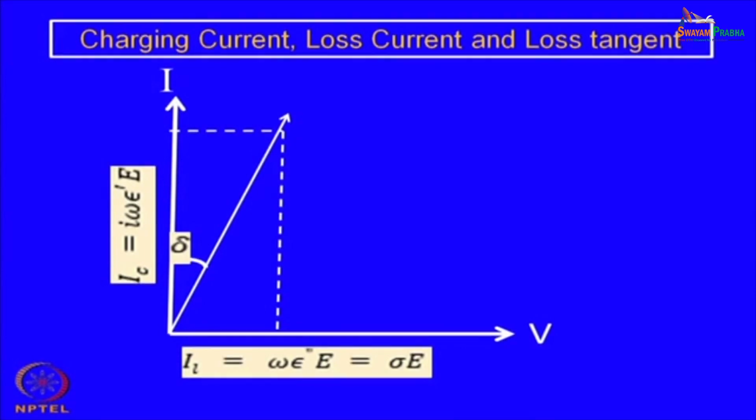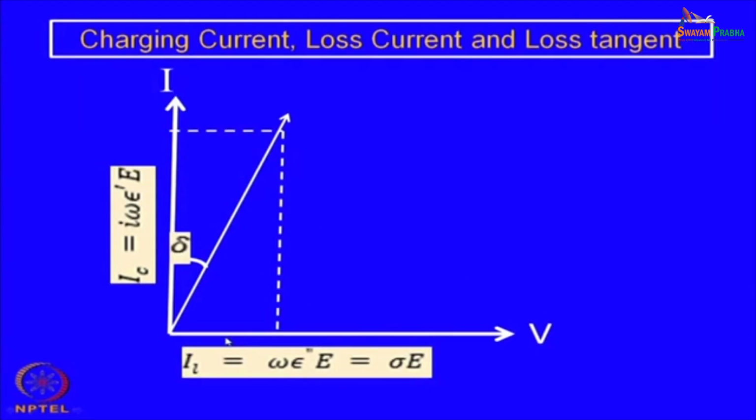As we have just discussed, there are two components of the current. One is the charging current, which is out of phase, or 90 degrees ahead of the electric field or the voltage in this case. This is a vector diagram for current against voltage.